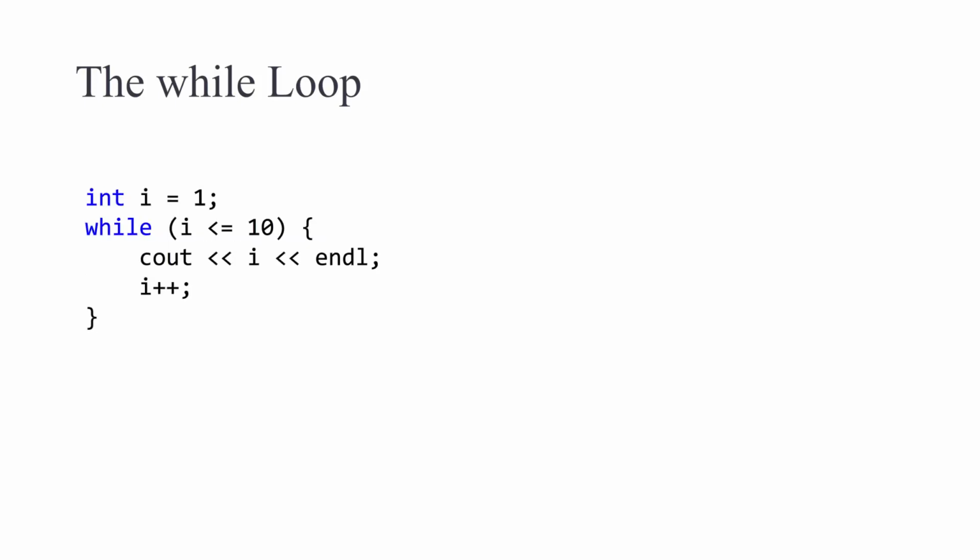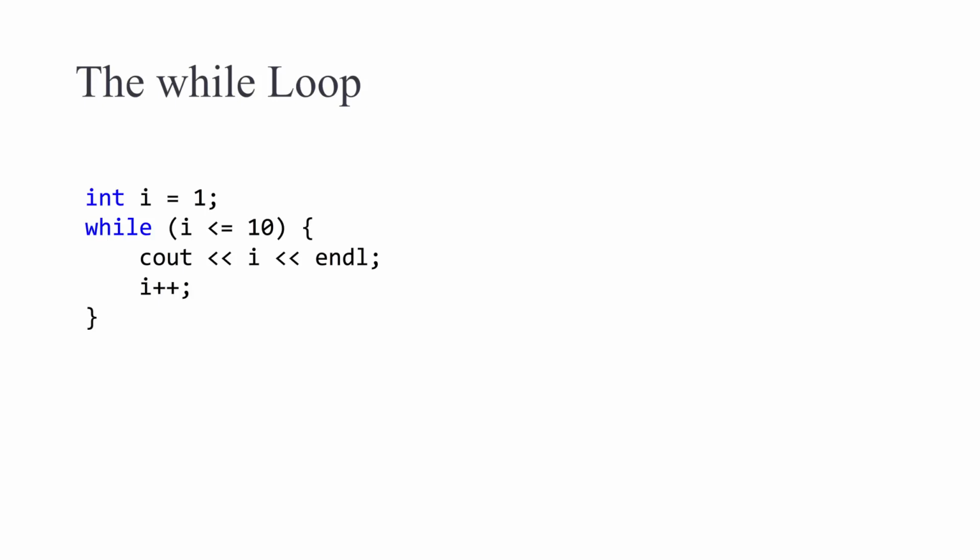Here is an example of a while loop that prints the numbers from 1 to 10. In this example, the i variable is initialized to 1 before the loop. The condition i <= 10 is evaluated at the beginning of each iteration of the loop.